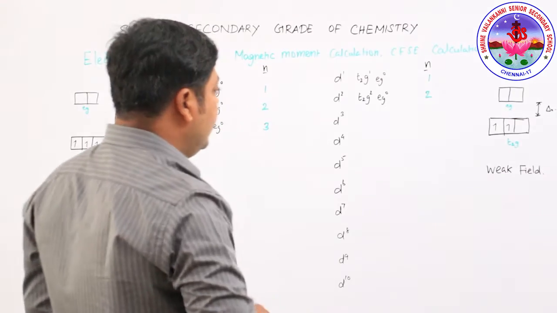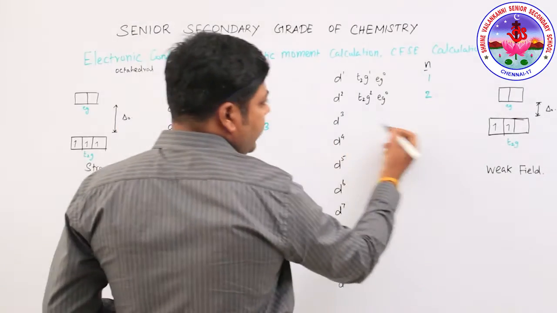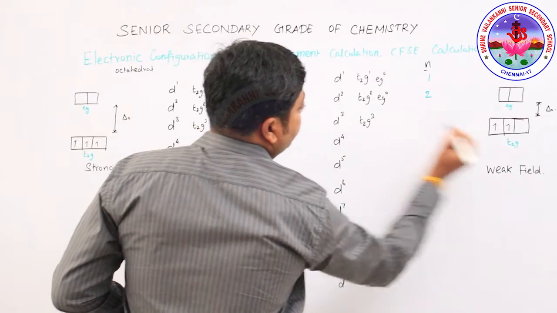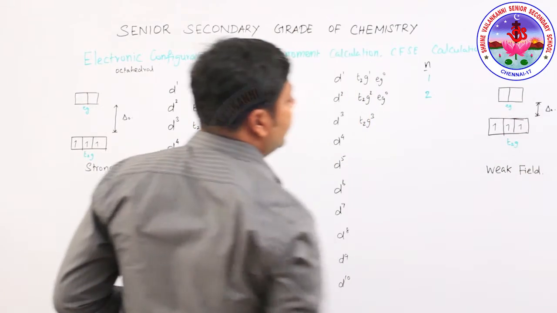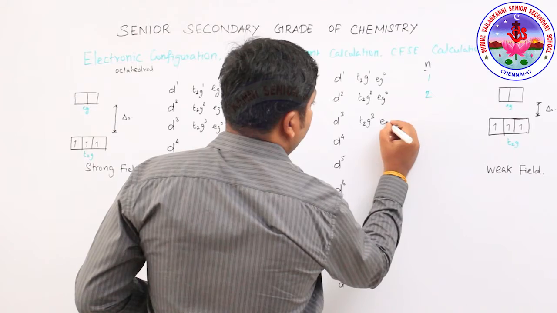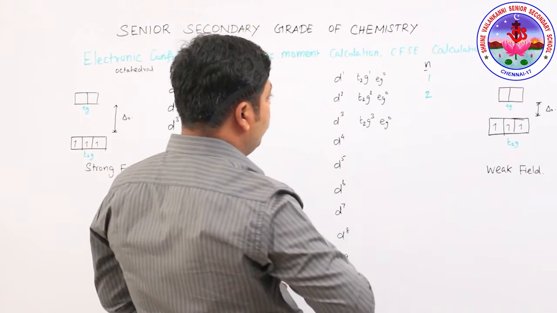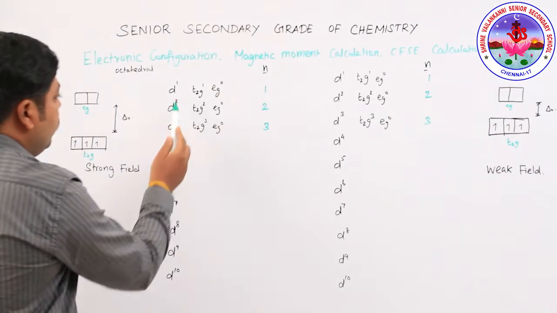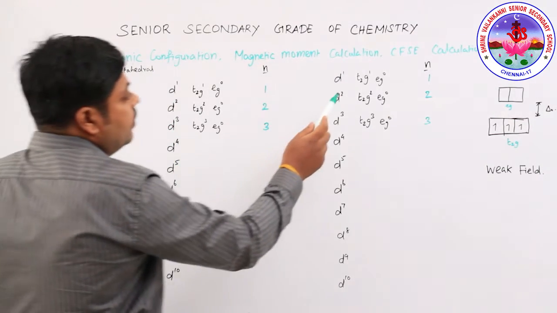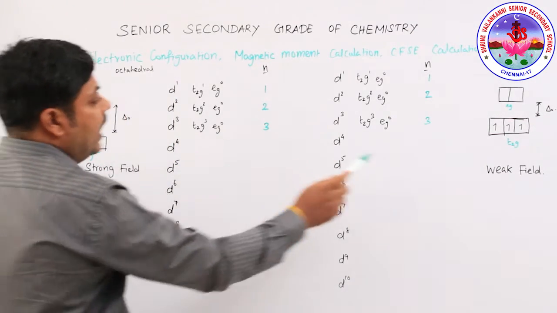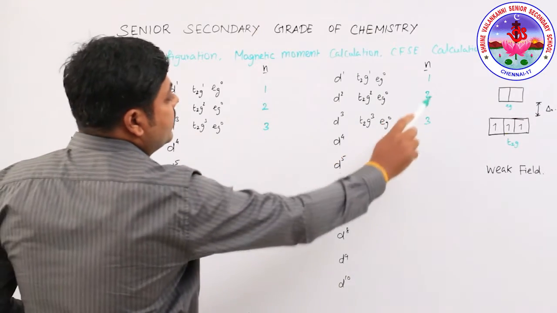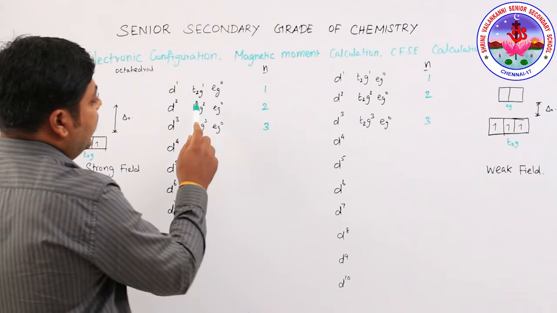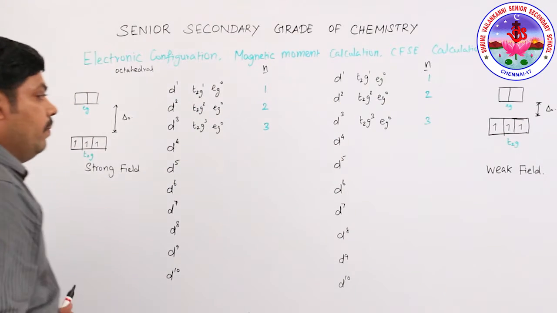Then D3 means T2g is 3 because the third electron enters here, then Eg is 0, number of unpaired electrons is 3. Look at here, D1, D2, D3 in the strong field and the weak field, no changes. You can write both strong field and weak field, the electronic configuration will be the same.